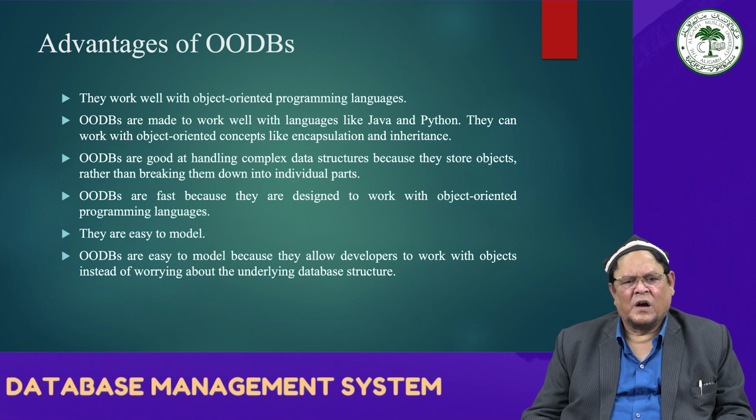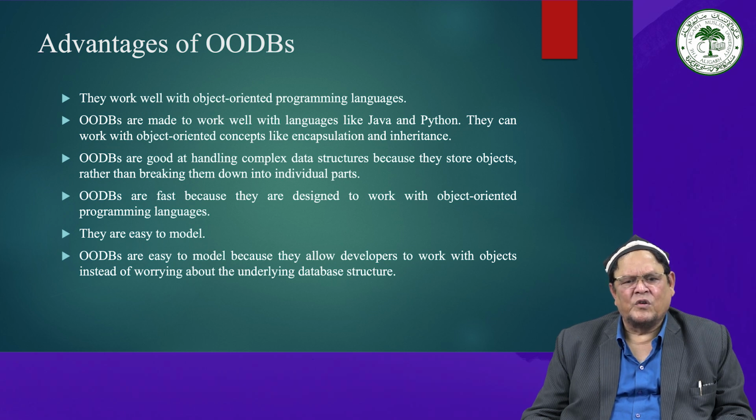OODBs excel at handling complex data structures because they store objects rather than breaking them into individual parts. They are fast for object-oriented workloads. Object-oriented databases are fast because they are designed to work with object-oriented programming languages.